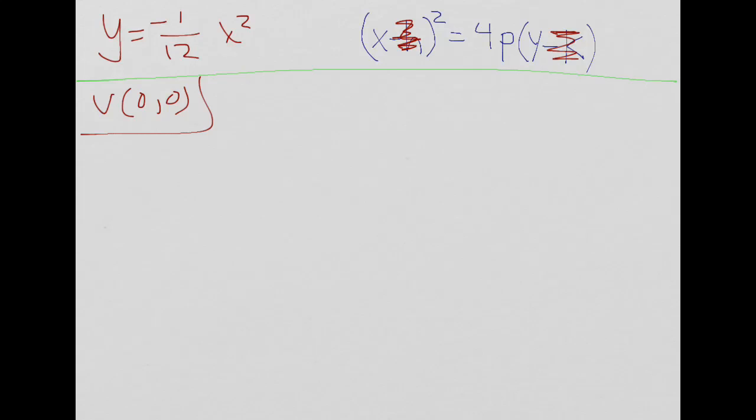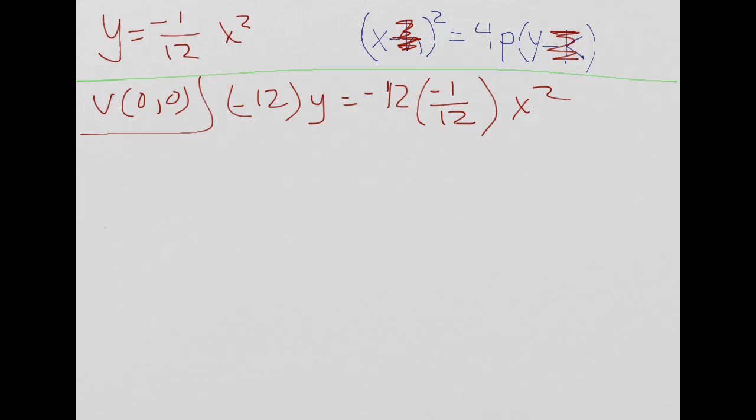Well, multiply by its reciprocal, which is negative 12. So if I multiply by negative 12 on both sides, I'm going to get negative 12 times y equals negative 12 times negative 1/12 times x squared.